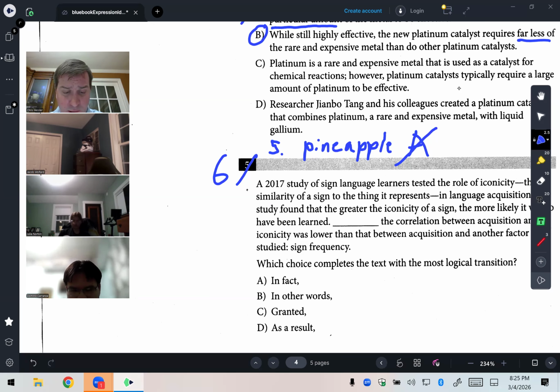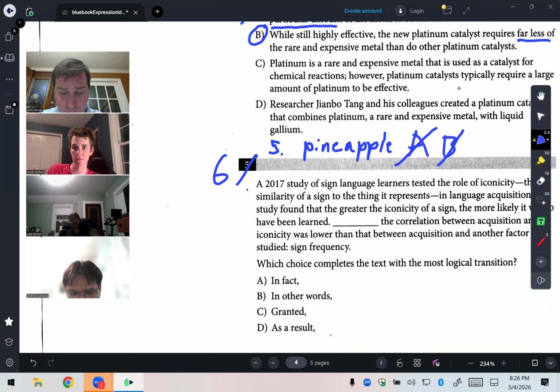B says an enzyme in pineapple extract, bromelain, increased the growth rate of P. javanicus by enhancing the hydrolysis of ingested proteins, in turn affecting the fish's total food consumption. Well, that's just wrong. We know it didn't affect the food consumption from bullet point 3. Adding pineapple extract did not affect total food consumption. So B is also out.